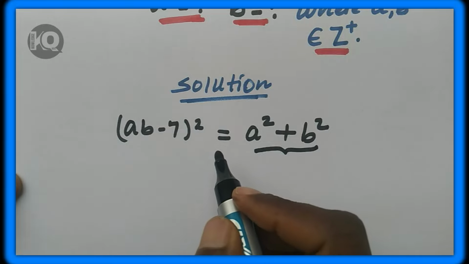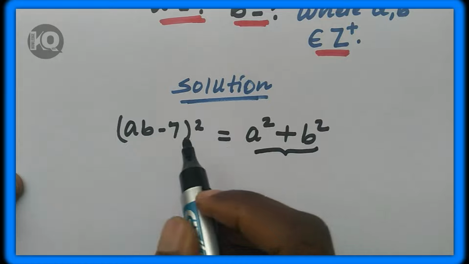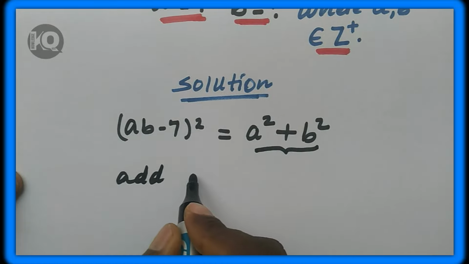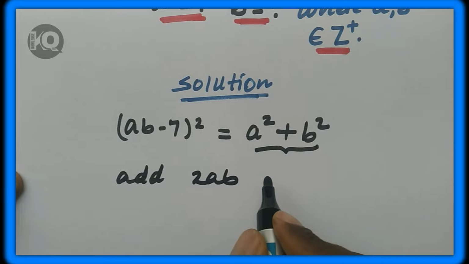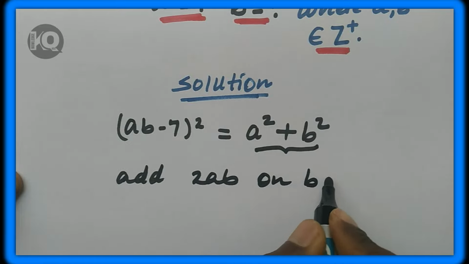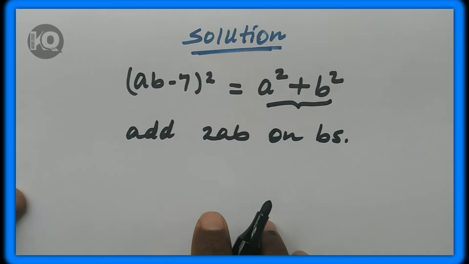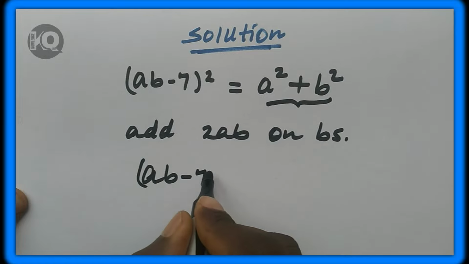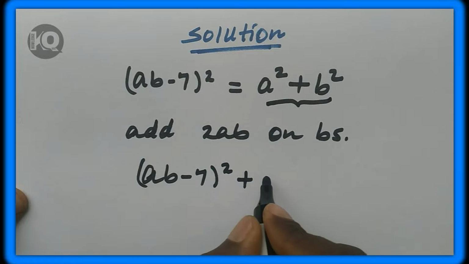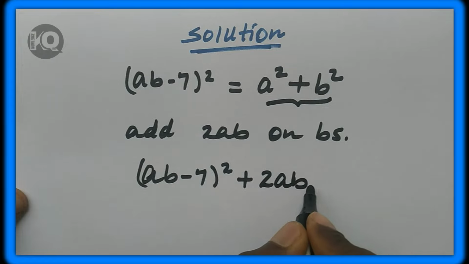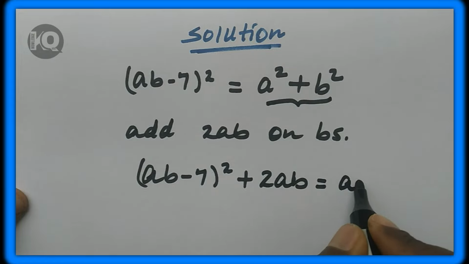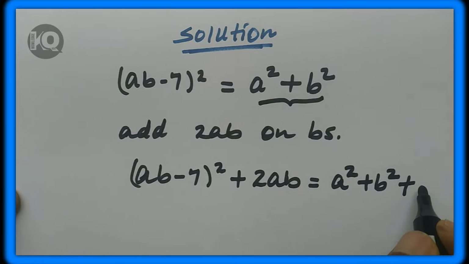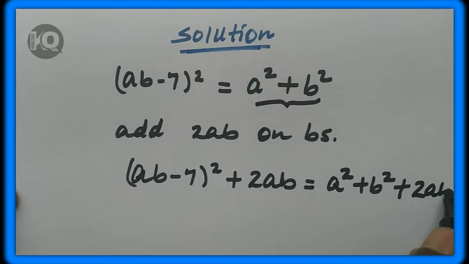So to do that, let's add 2 times ab on both sides. So it will be (ab − 7)² + 2ab, which is equal to a² + b² + 2ab.